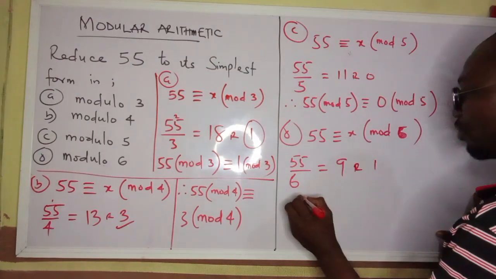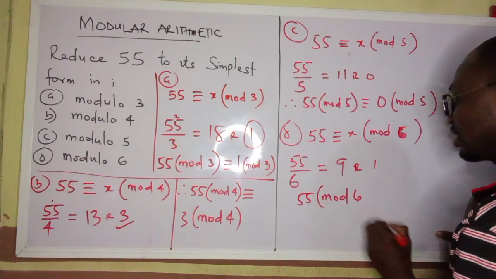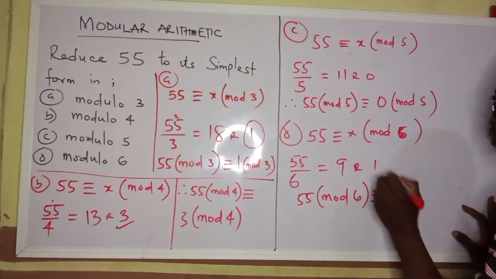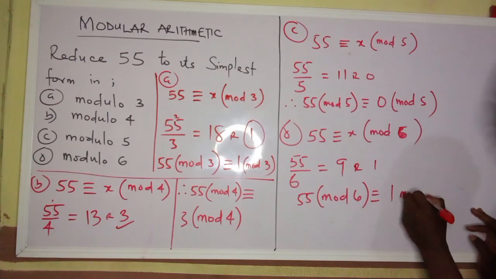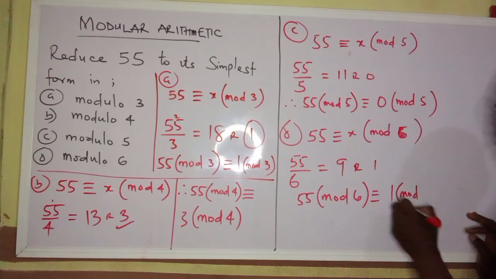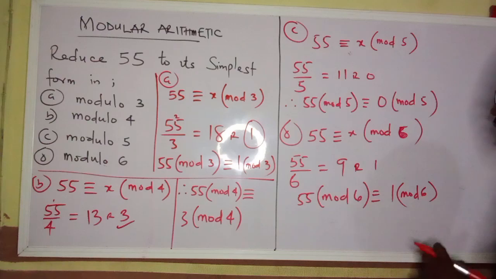Therefore, 55 in modulo 6 is equivalent to 1 in modulo 6.